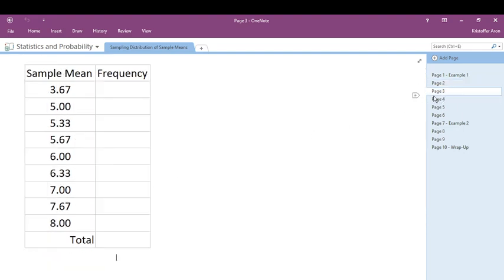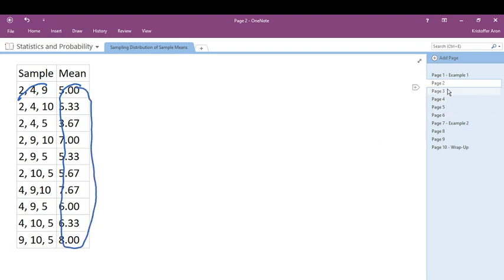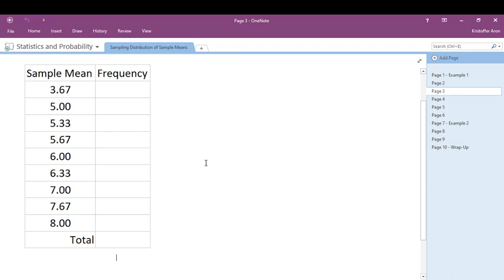And we are going to list down all these sample means just once, like this, and write their frequency. In this case, only 5.33 appeared twice and the rest appeared once. And the total should be 10, which is our combination value.